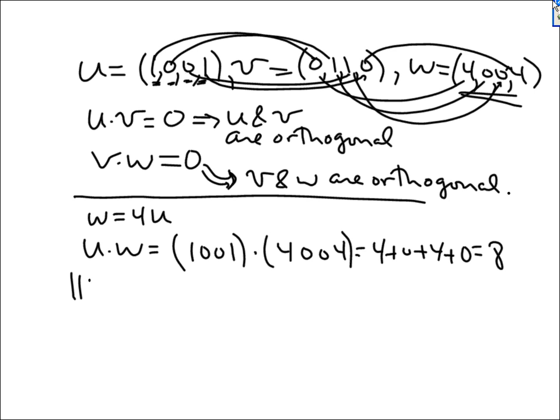And the length of u is the square root of 1 squared plus 0 squared plus 0 squared plus 1 squared. 1 squared is 1, 0 squared is 0. You add them up, you get 2. The square root of 2. The length of w, you square 4, you get 16.